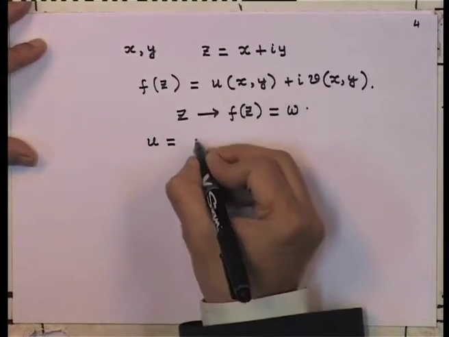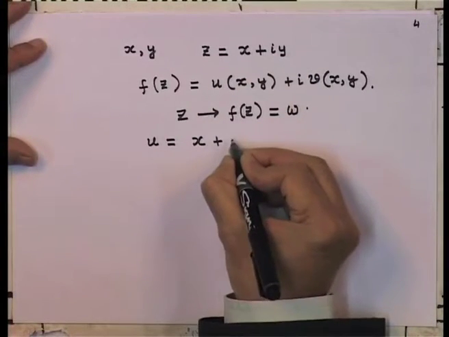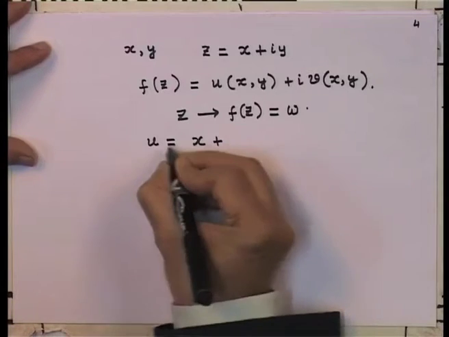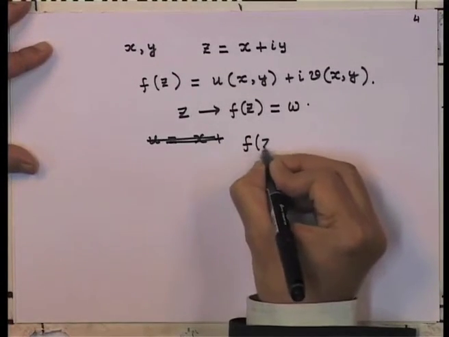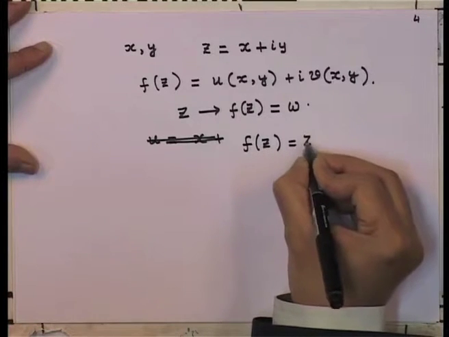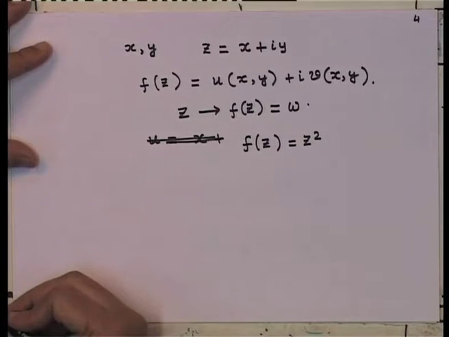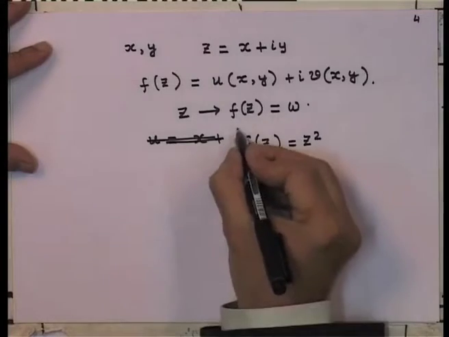So, x plus I y, if you square it, for example, let me illustrate this for the case of a special f z equal to z square. It is a rather simple function.